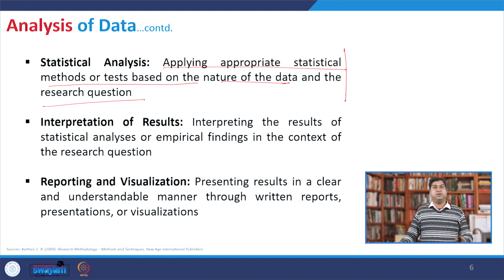For such cases we will not use a parametric test like the t test or z test. In that case we go for alternative tests like the Mann-Whitney test or the Kruskal-Wallis test, and there are a few others.